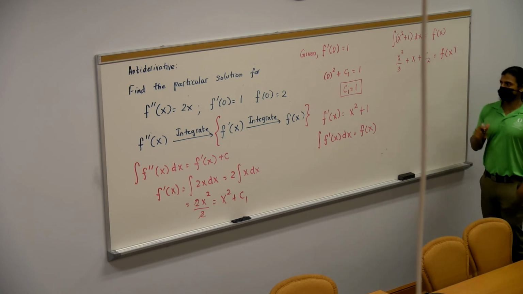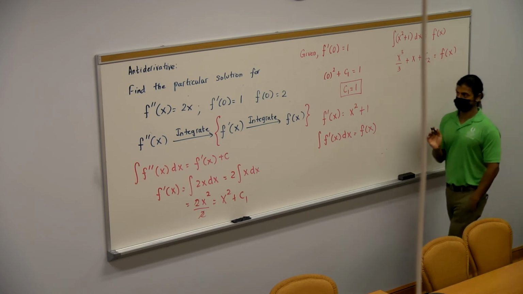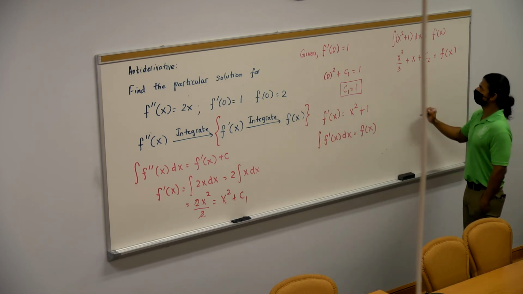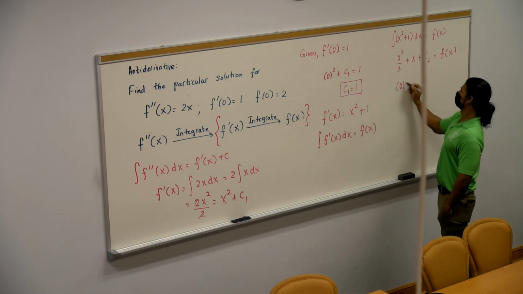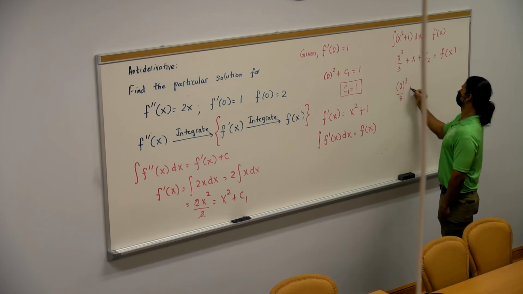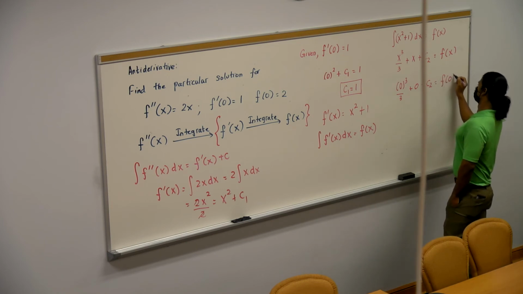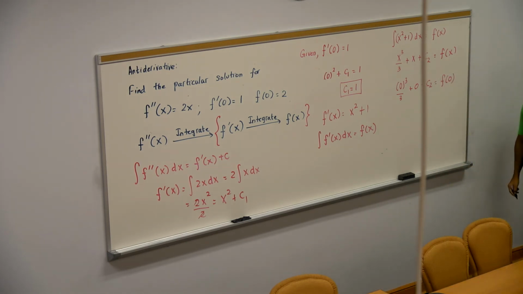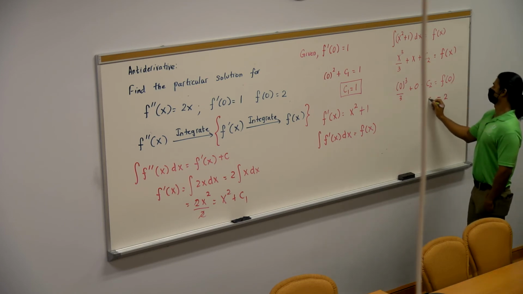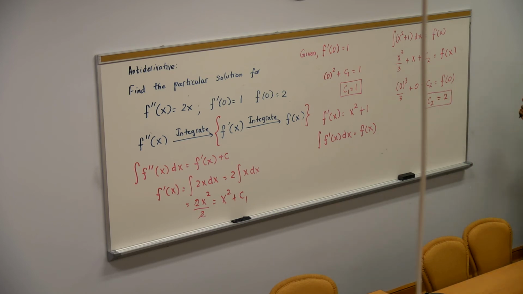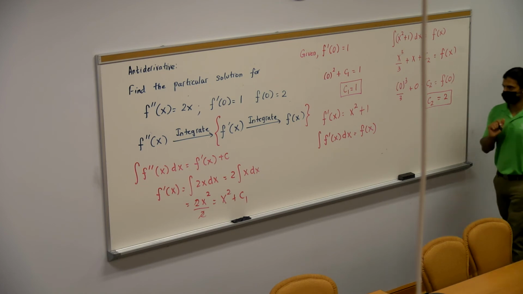Do we have another condition to find C2? Yes. f of 0 is 2. So if I plug in 0 here, I get 0 cubed over 3 plus 0 plus C2, which would equal f of 0. What is f of 0? 2. So C2 is 2. So what is the particular solution?